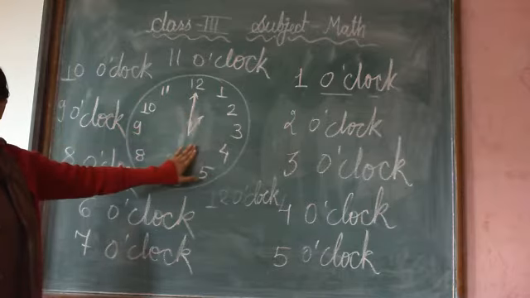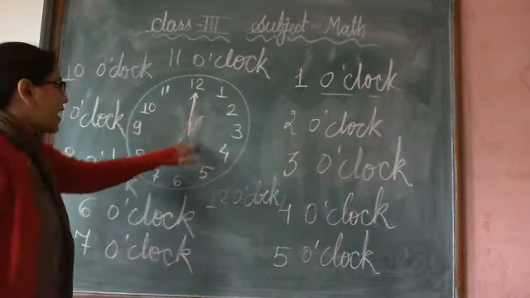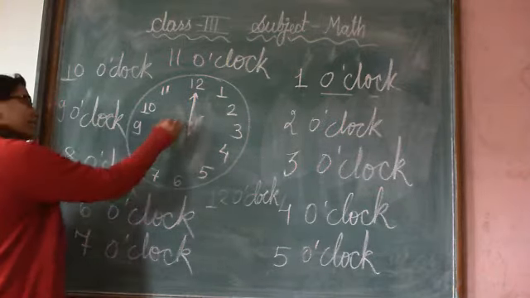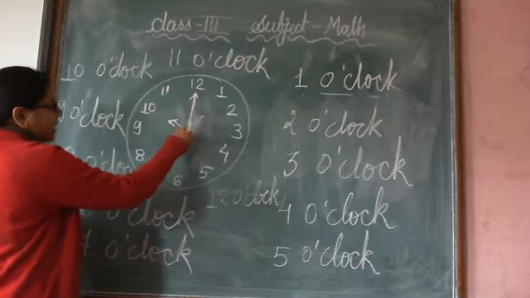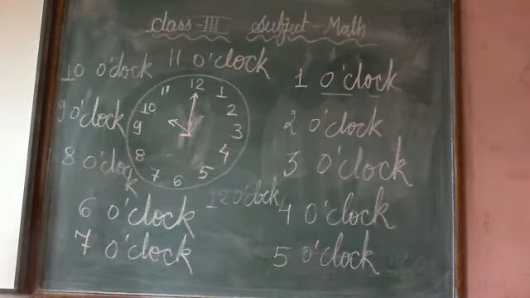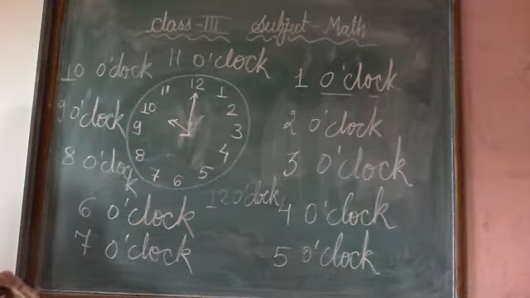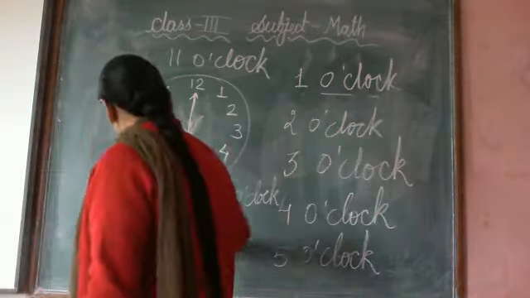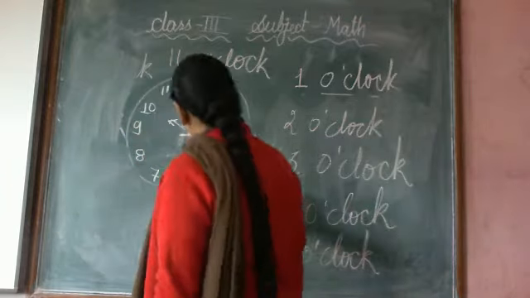Wherever the hour hand is, that number, then o'clock. If the hour hand is at 10 and the minute hand is at 12, we see the hour hand is at 10, so 10 o'clock. Simple. Very simple. Okay students? So I hope you learned this.